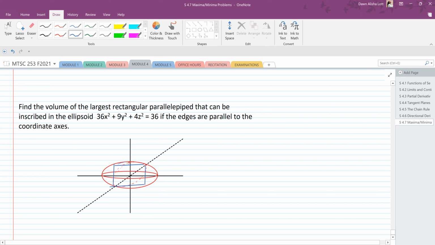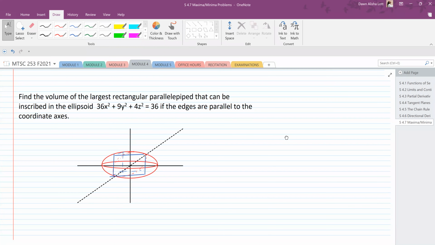And it goes back, and I'm trying to put this box inside of here. Let's think about the volume of the box. It'll go out X and back X, so the volume is going to be 2X times 2Y times 2Z. So the volume of the box is 8XYZ.